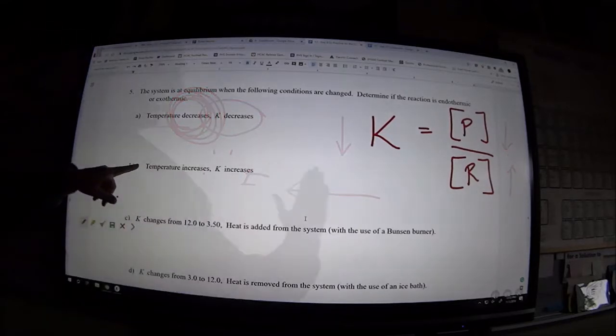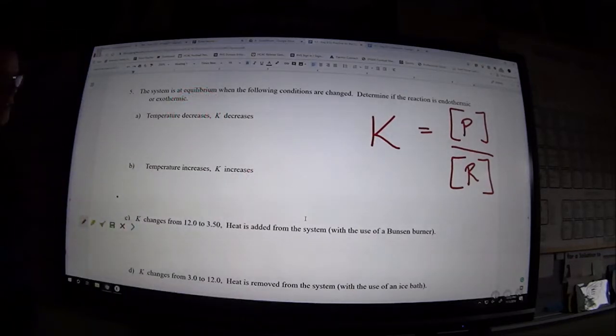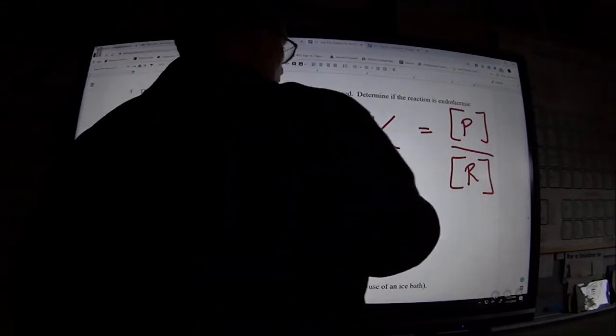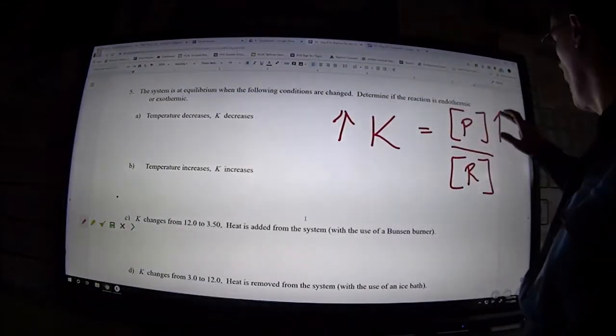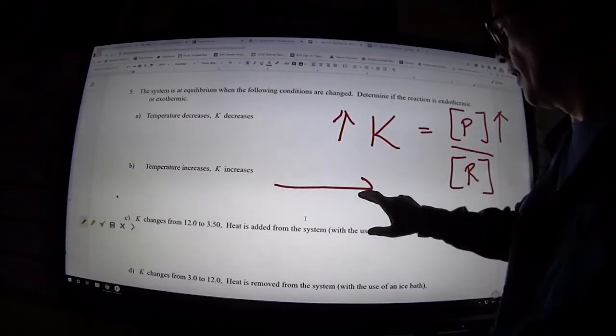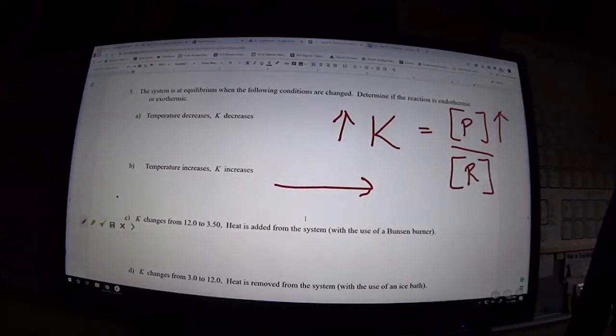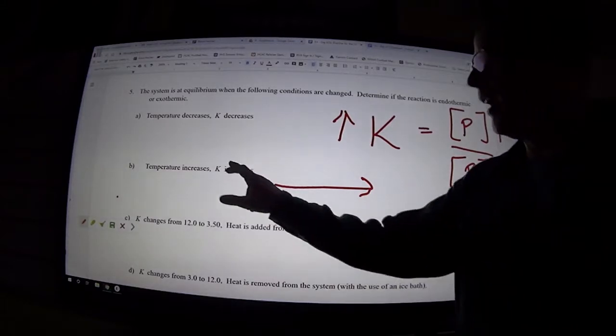All right, looking at B. The temperature increases and K increases. So which direction is the shift? Toward the product side? And so we're shifting away in this case? Riley? So we're increasing.